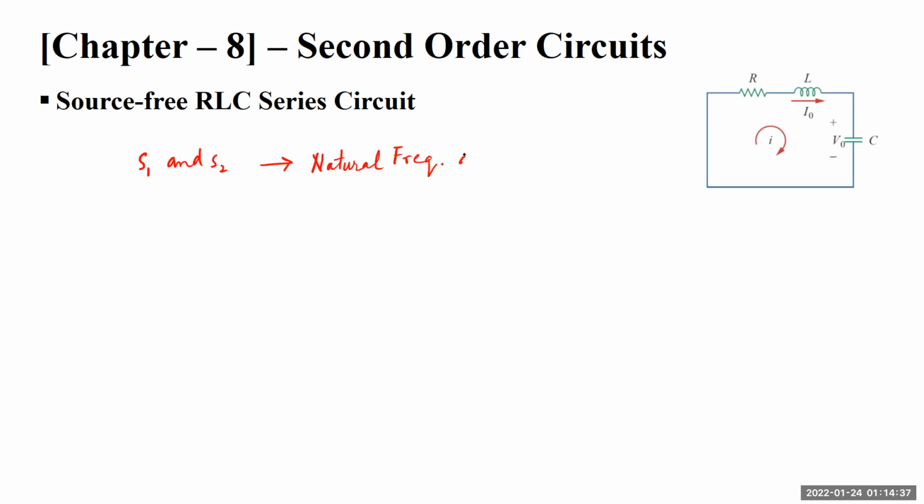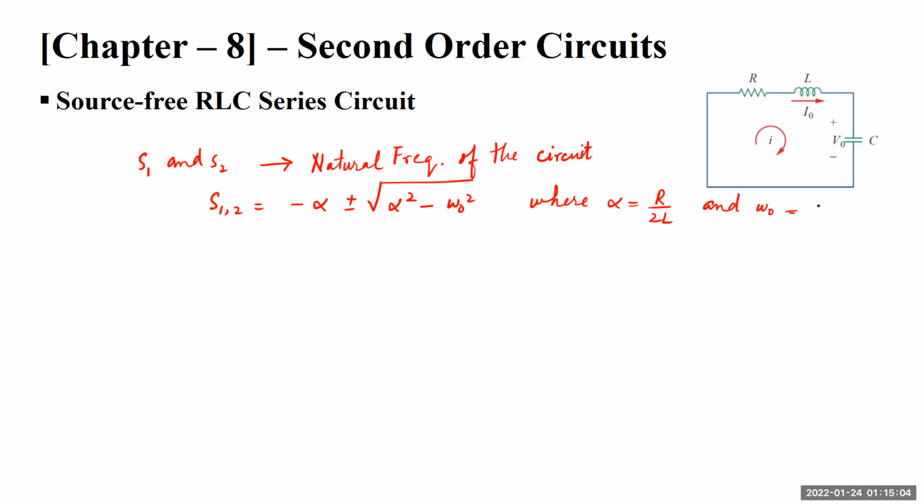For this circuit, the natural frequencies are S1 and S2, and S1,2 are given as, remember, minus alpha plus or minus the square root of alpha square minus omega naught square, where alpha equals R by 2L and omega naught is equal to 1 by the square root of LC.